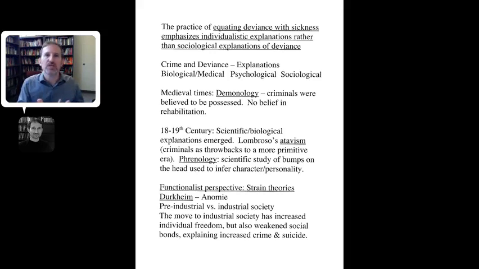And the thing there is that you don't have much free will once you're possessed, okay? So if you don't have free will, you really can't fully be rehabilitated. And that's important because it shows a theory about crime and deviance, and also an explanation of what ought to be done from there. And I'm going to show you a slide related to this, and then get back to this slide to continue our discussion.